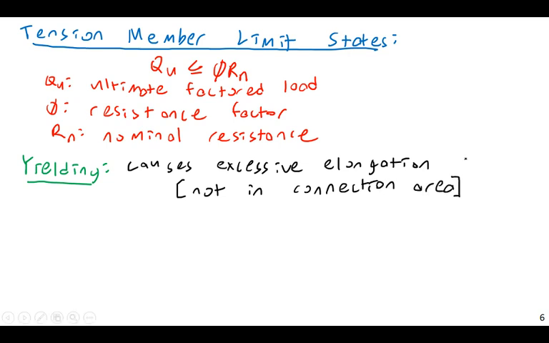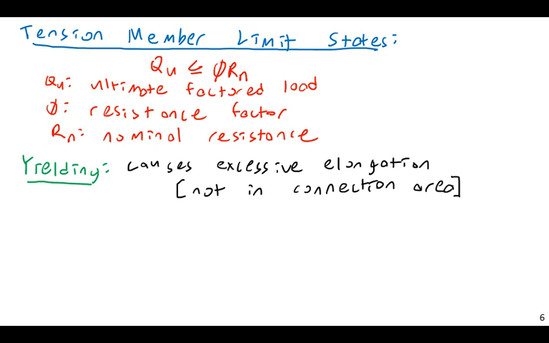If you remember your material properties of steel, after the elastic limit you have a very long yielding zone. In the yielding limit state, what that essentially means is excessive deformation. It's failing, but it's not usually being ripped in half.